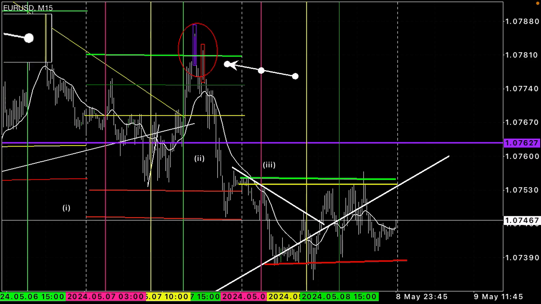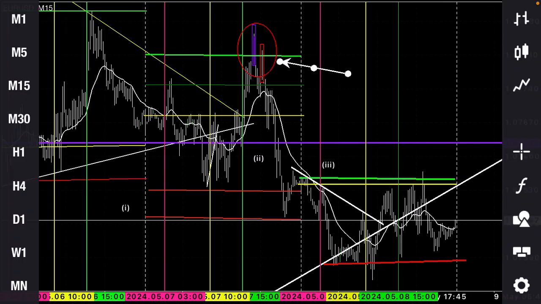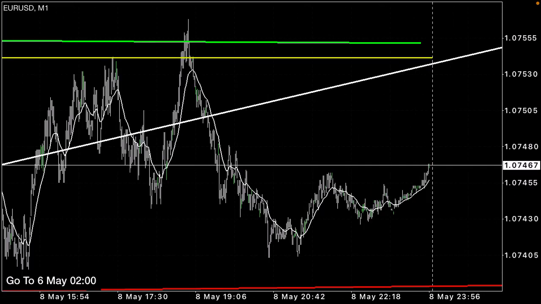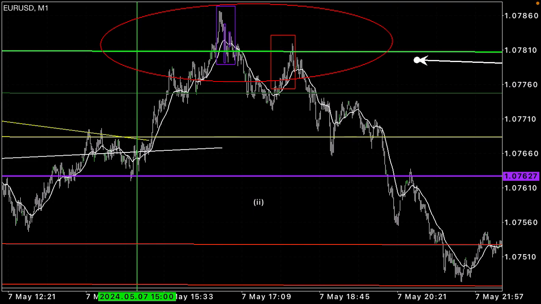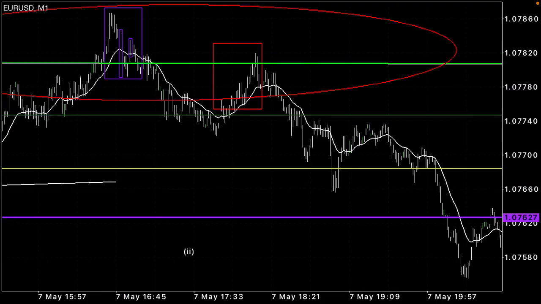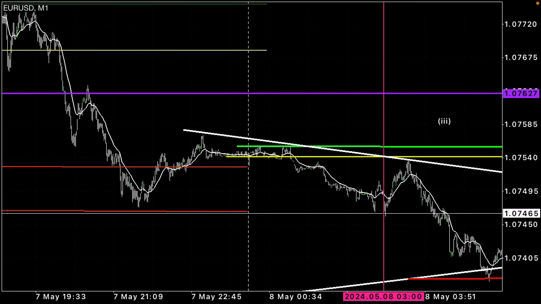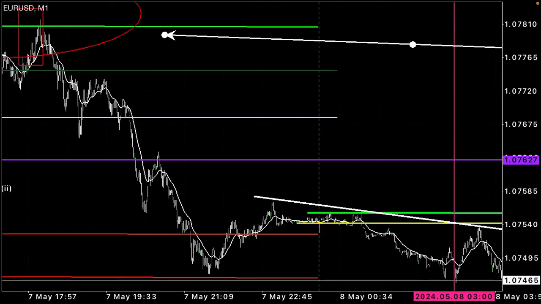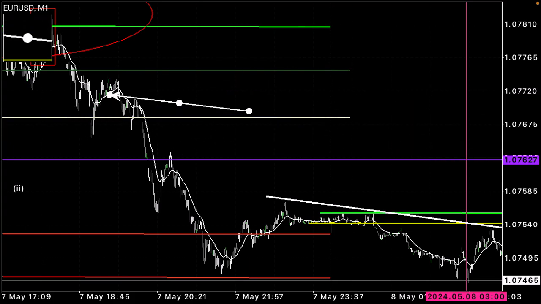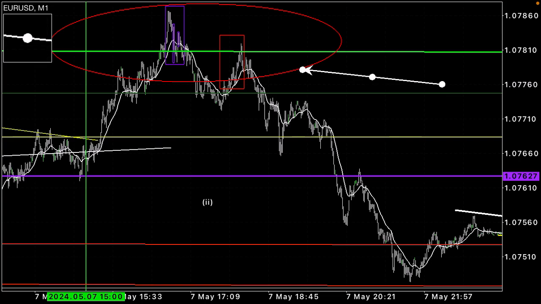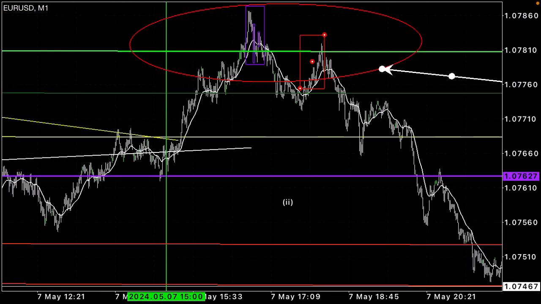Going down to the 1 minute chart, just to show that one again. That trade I went over in the previous video.